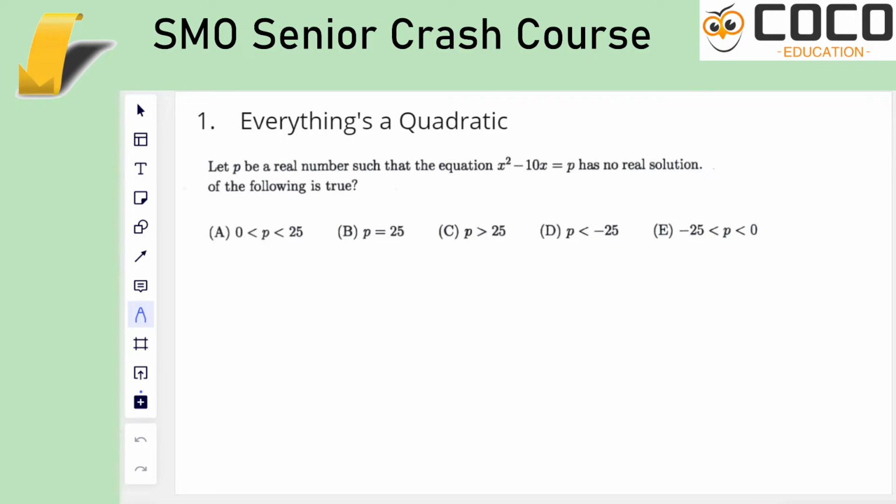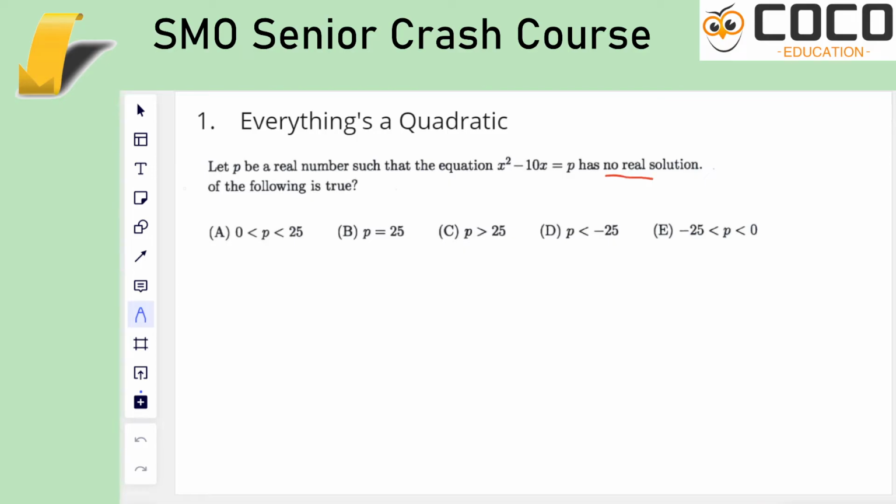The first thing is a slight exaggeration, but it is generally true that you should consider the possibility that everything's a quadratic. Everything's a quadratic includes, well, literal quadratics, right? So if you have a literal quadratic, we know that we have lots of tools to deal with quadratics.